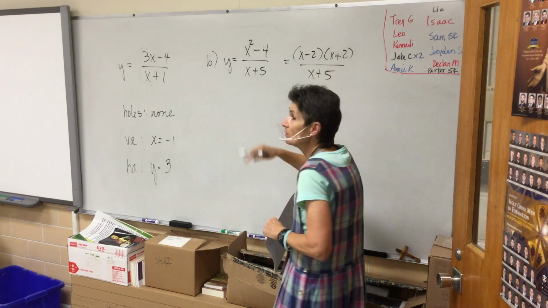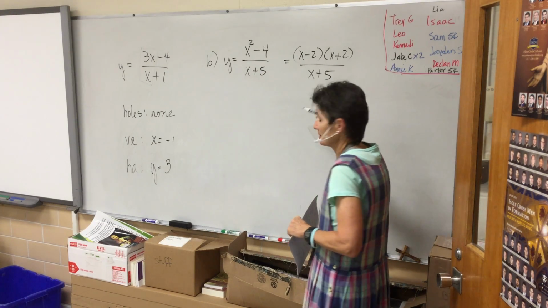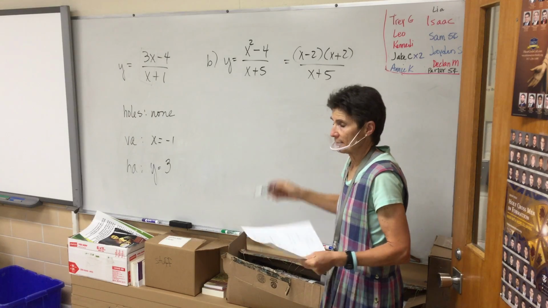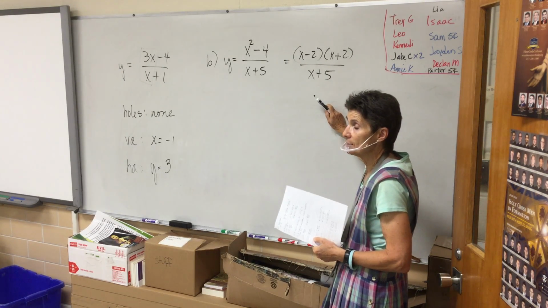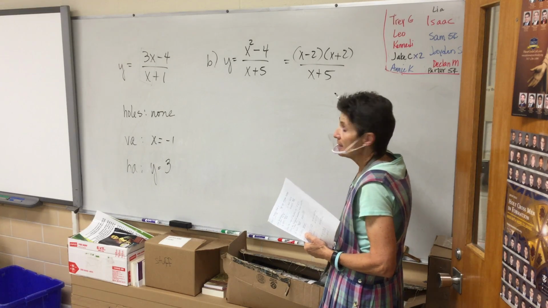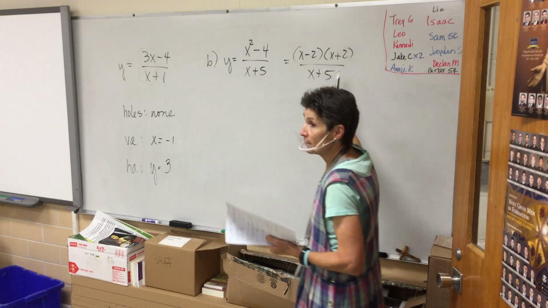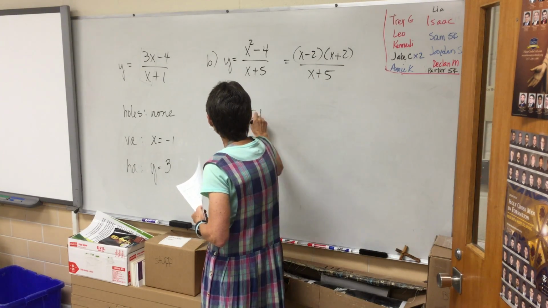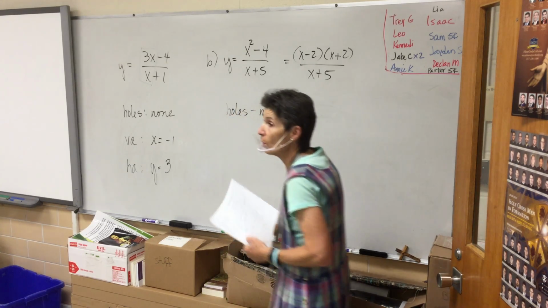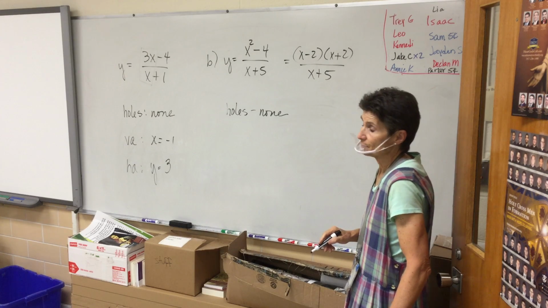Now, still nothing cancels, but at least something might in this situation, because it might be possible that I could cancel, but it didn't happen here. If that top had been x squared minus 25, then I would have been able to cancel, but I can't. Which means, once again, there are no holes. Because the only way to get a hole is to cancel.